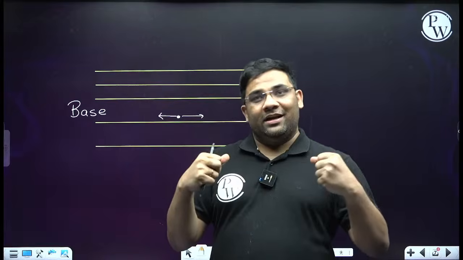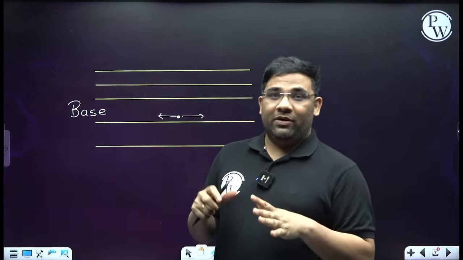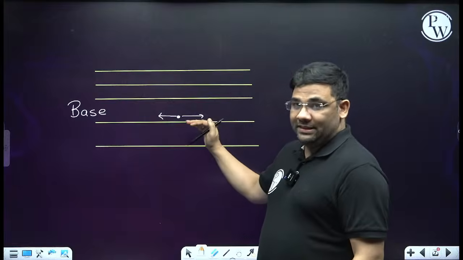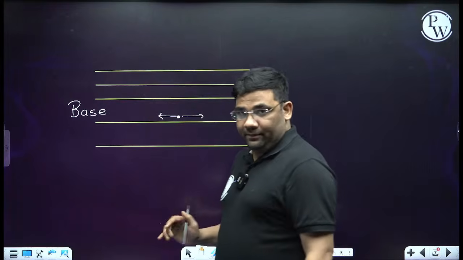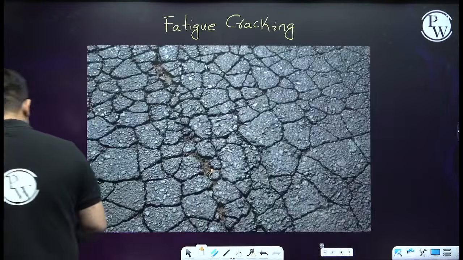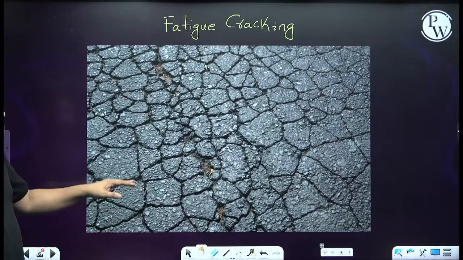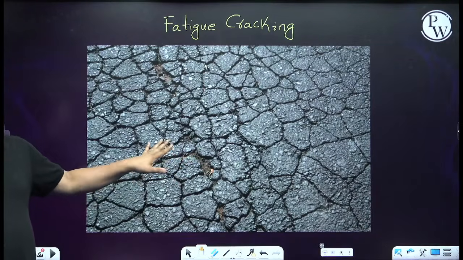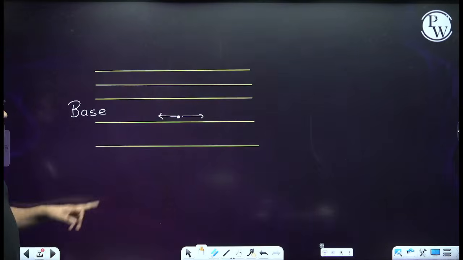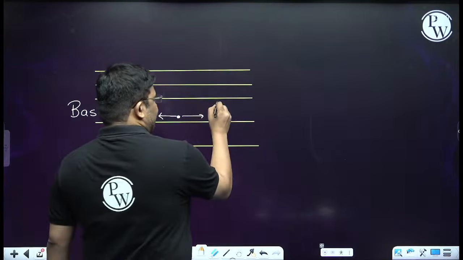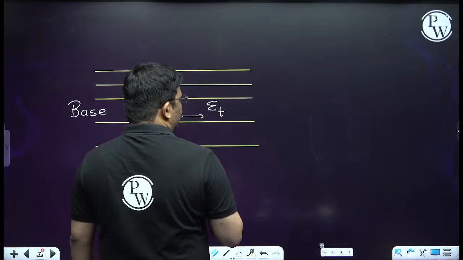Therefore, there are cracks, and the cracks will be found until this base layer, not till the subgrade. You see these cracks will appear till your base layer. So, I can say this strain is a tensile strain, epsilon T suppose.